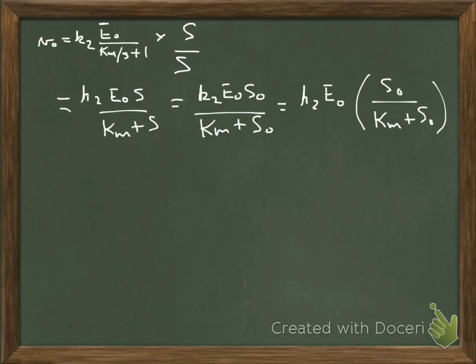All right, because if you look at this piece, you can see that it has certain limits, right? So when S naught is much bigger than Km, the whole thing's going to go to 1. And that's the biggest the rate can ever be, right? So this has a limit of 1.